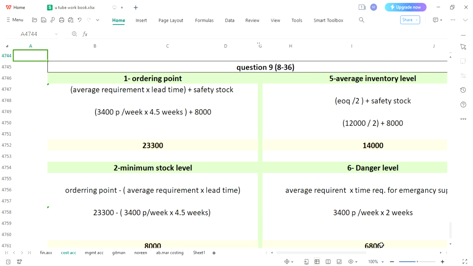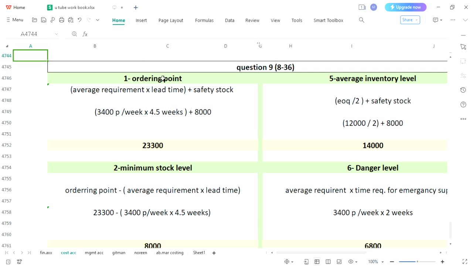The most important part of this whole question, let's guess. I'm asking you, what is most important part of the question? Okay, for me, the most important part was ordering point, because in presence of safety stock, your ordering point formula was changed. Initially or primarily, we do use maximum requirement multiplied by lead time.